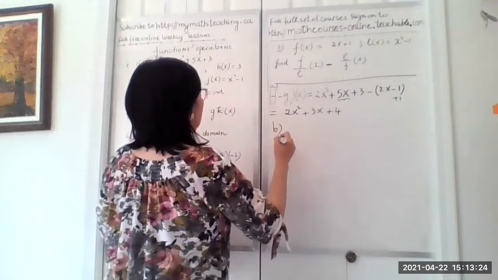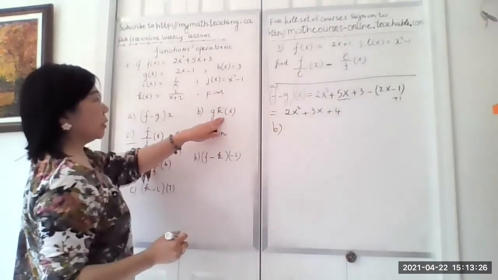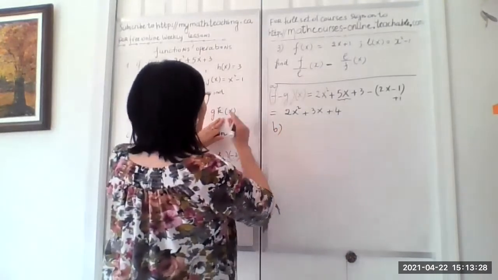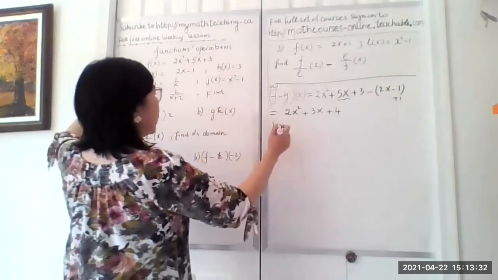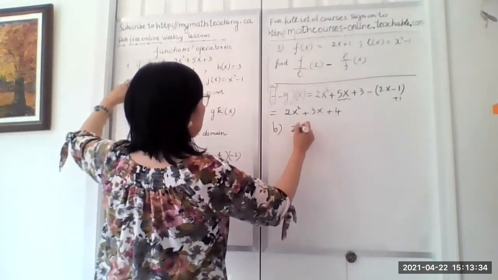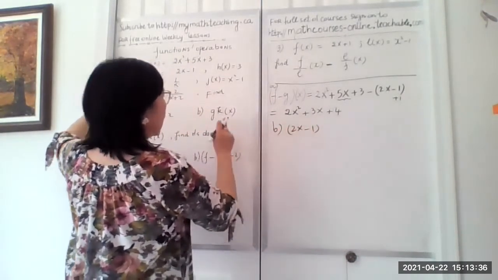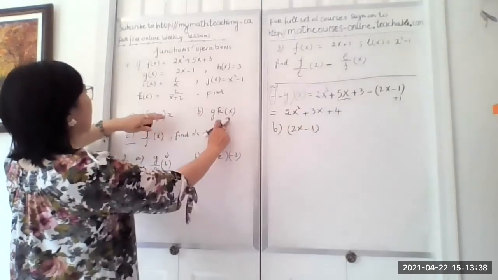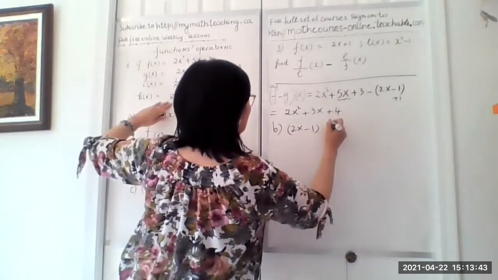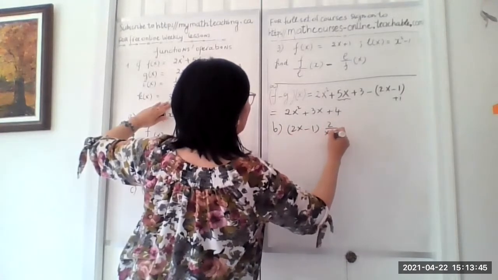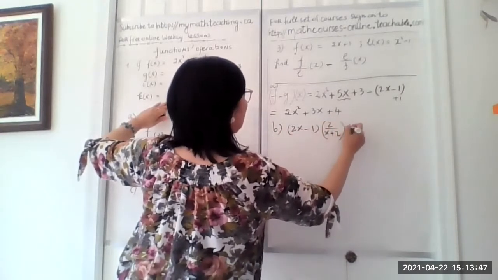For part b, we have g of x times k of x. So we have two functions multiplied together. Our g of x is 2x minus 1, times k of x, and our k of x is 2 divided by x plus 2.